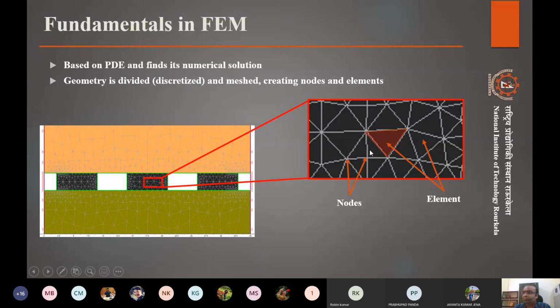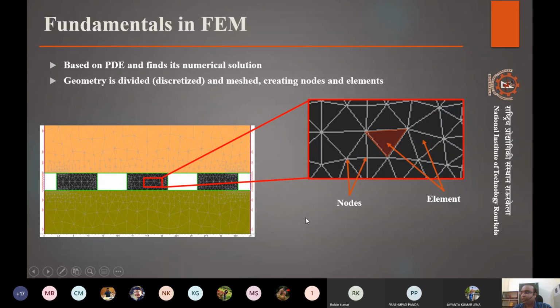But yeah, the basic of finite element, as the name suggests, is that it divides the whole geometry into finite elements, and that's how it takes each element as its own entity with all the starting conditions and all the ending conditions as we would have done for a complete geometry itself.